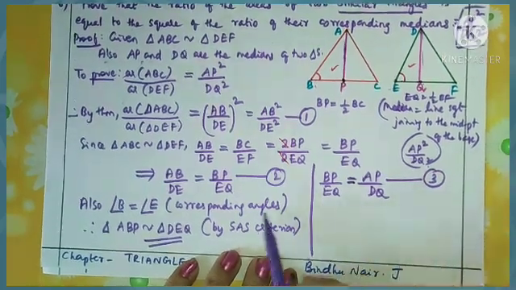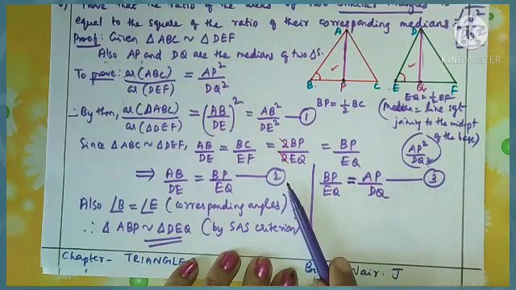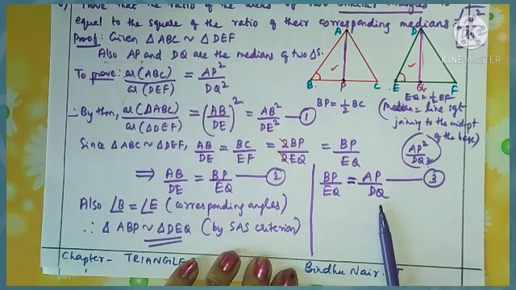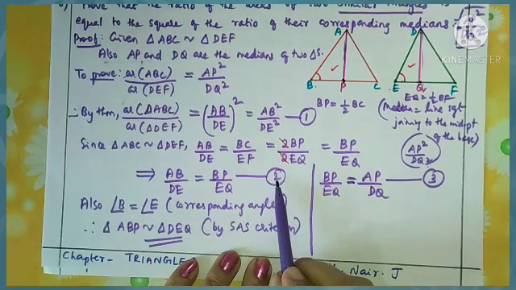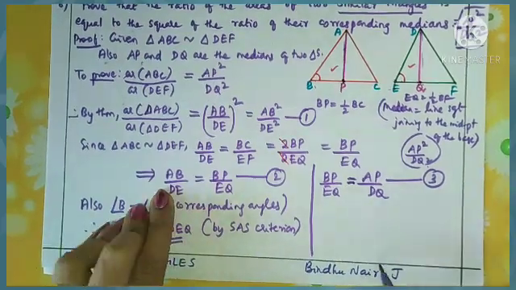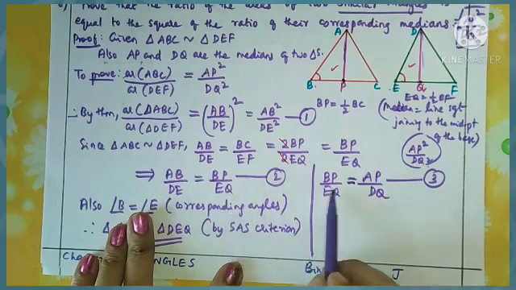Now relate the second and third results. When you compare, AP by DQ is equal to BP by EQ, and in the second result BP by EQ is equal to AB by DE. Understand? One side of the equality is the same.